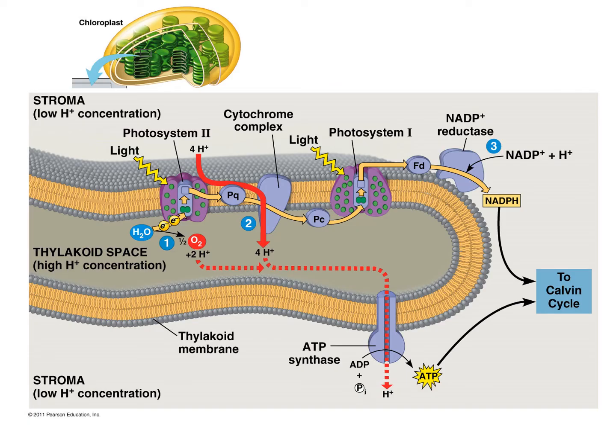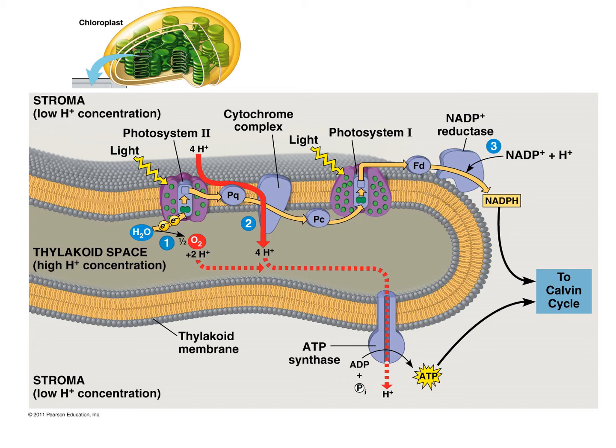So here's a more detailed look at the light-dependent reactions. Notice there are two photosystems involved, called photosystem 1 and 2, and light is striking both simultaneously. Both are getting excited and losing electrons. Photosystem 2 replaces lost electrons by splitting water.